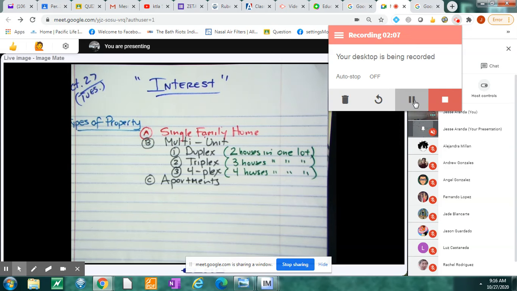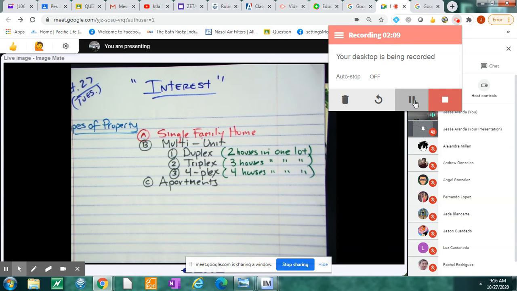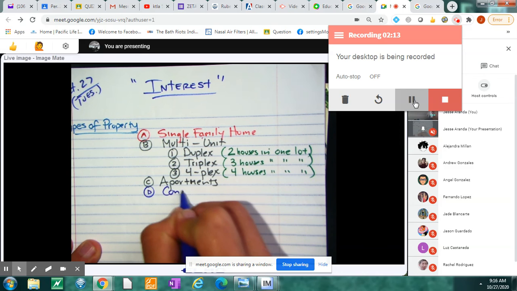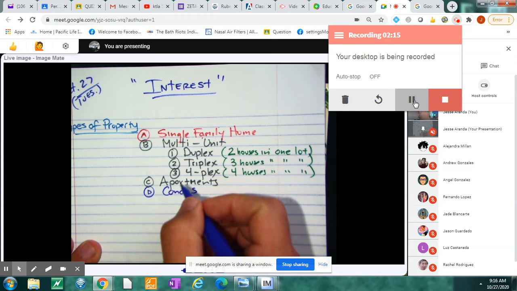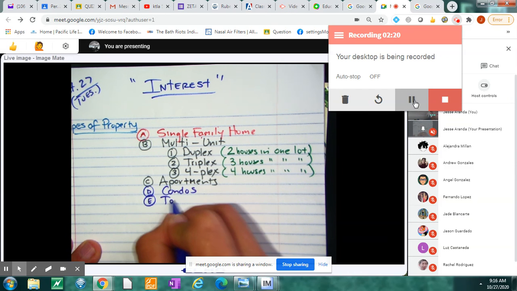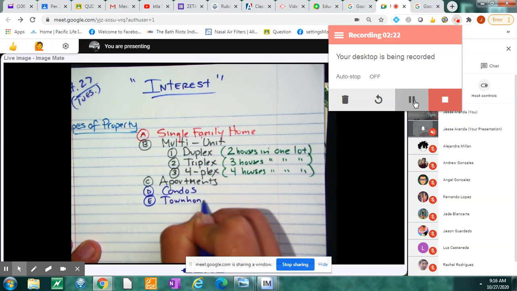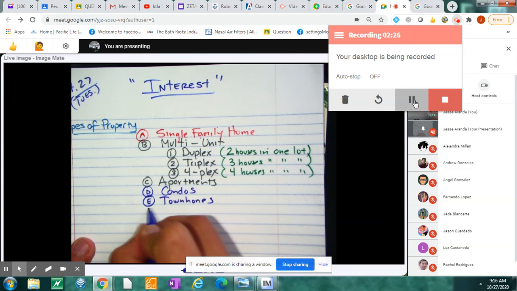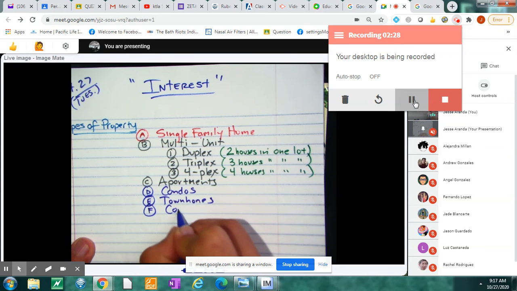After apartments, we discussed what? Condos. We discussed condos, and then we also discussed townhomes, and we also discussed commercial property.